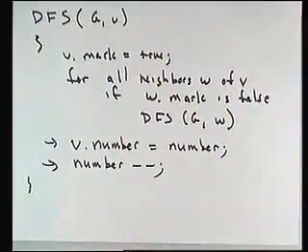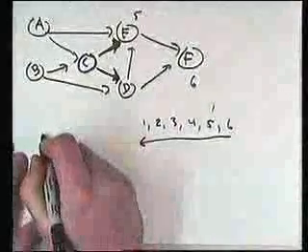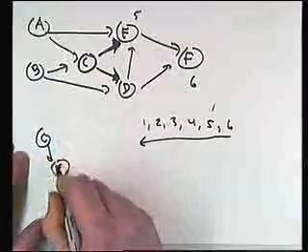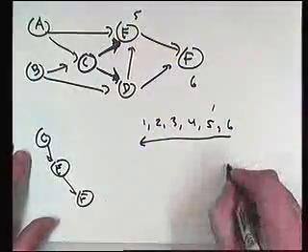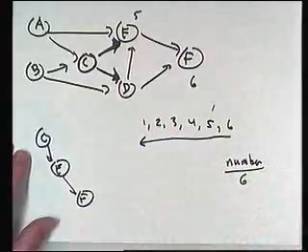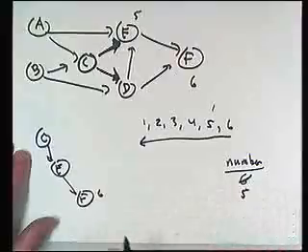So if we come back to the original diagram, I'll start at C, and from there I can traverse to E, and from there I can traverse to F. From F I have no neighbors to explore, so I assign 6 to F and decrease that to 5.